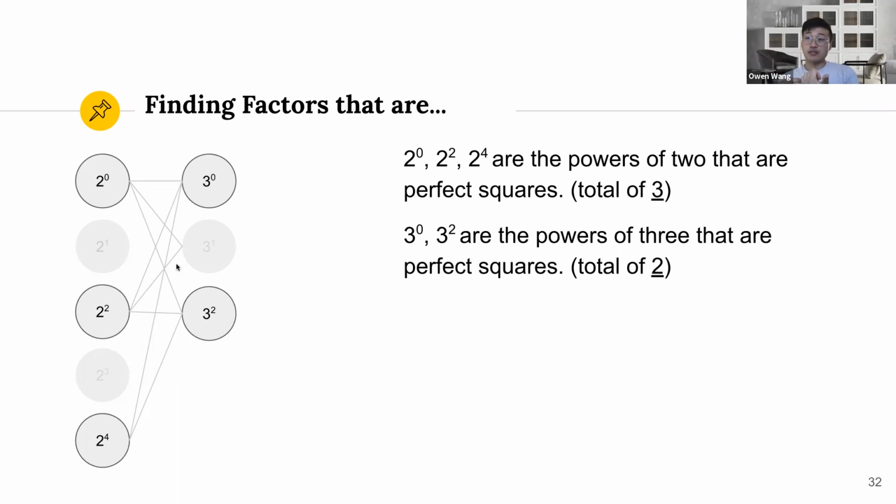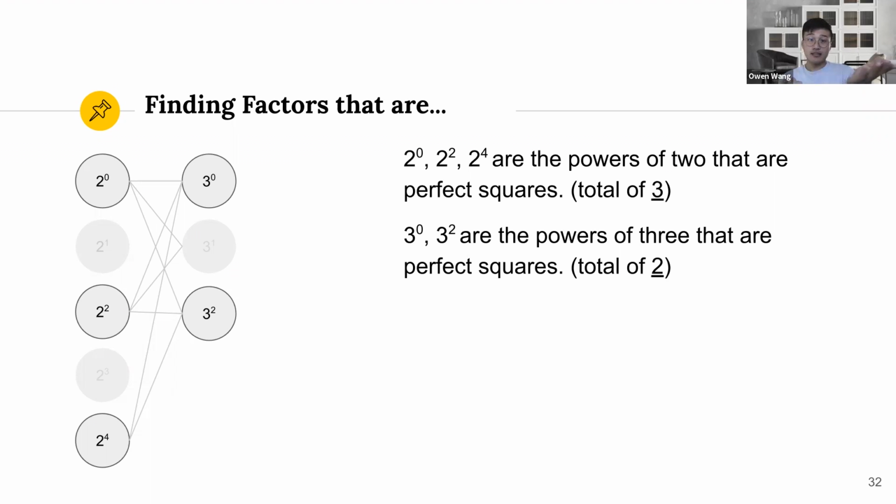So for perfect squares, we only keep the powers of each prime whose exponent is a multiple of 2. So 2 to the 1 we cross out, 2 to the 3 we cross out. If we had 2 to the 5, 7, 9, we would cross those out. Then using the remaining tiles, you can do the same process.